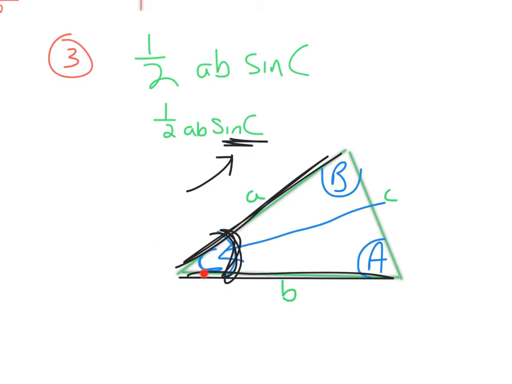You can see there are your two sides, and that's the angle in between. That's essentially how we do this part of the question. It's not too bad once you understand what this means. So half AB sine C: the two small letters are the sides, and the bigger letter is an angle.